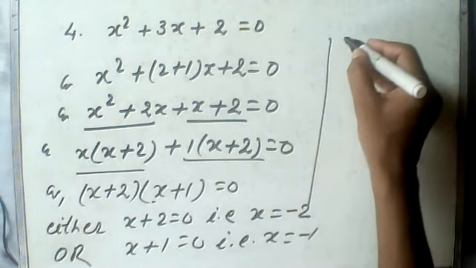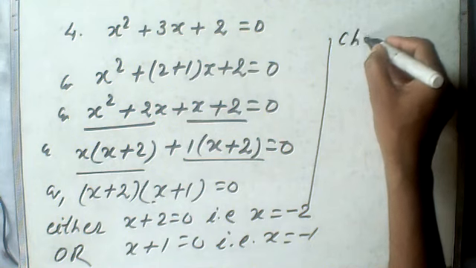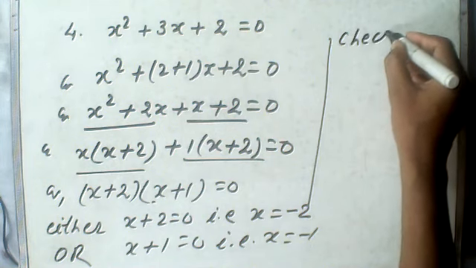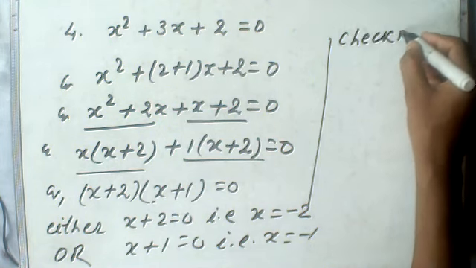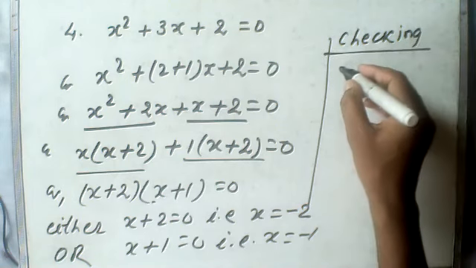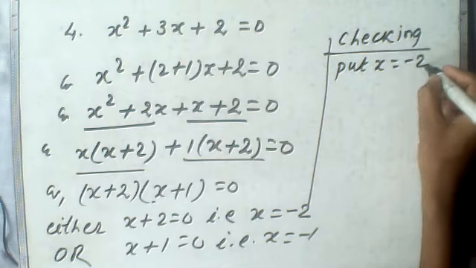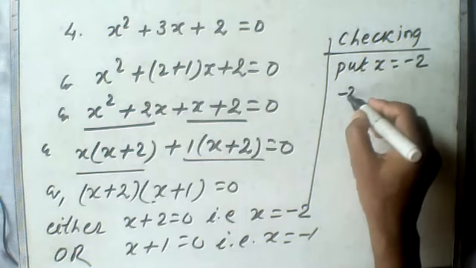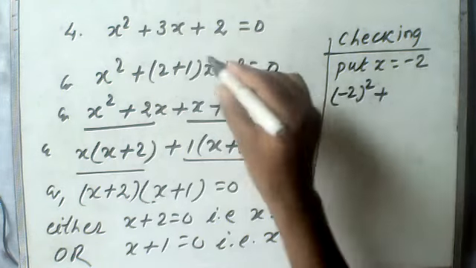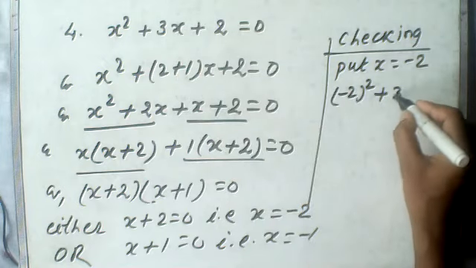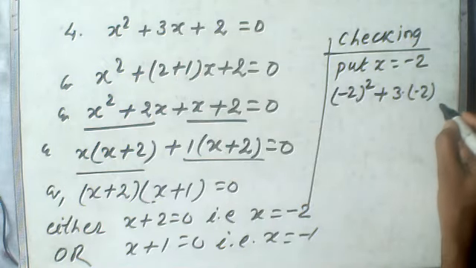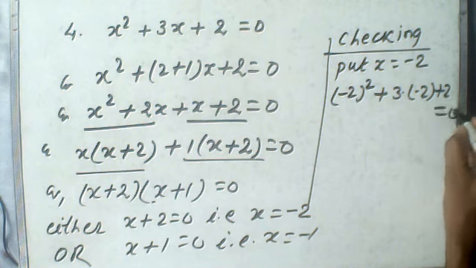For this, we need to check. Checking: put x is equal to minus 2 here. So minus 2 square plus 3 into minus 2 plus 2 is equal to 0.